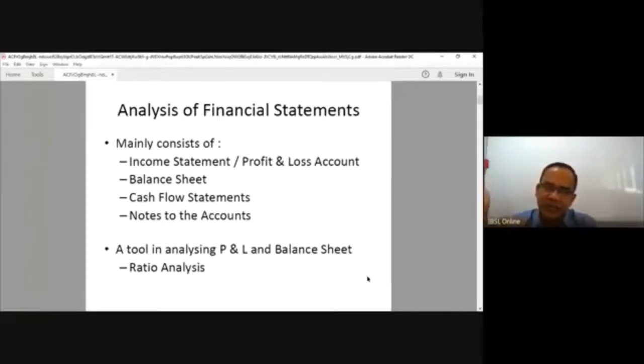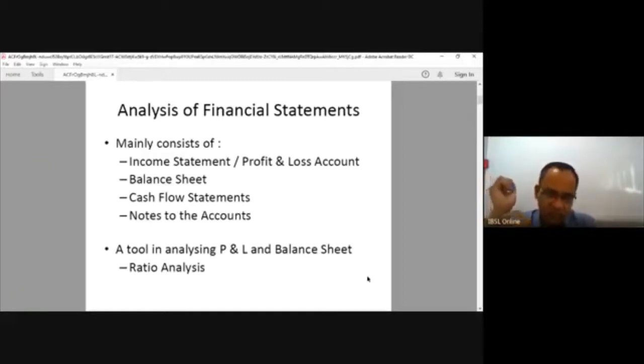Normally for your exams and all that, a 3-year balance sheet will be given. From that, you can do the ratios for a minimum of 2 years and then do the comparison, 3 years or 2 years.